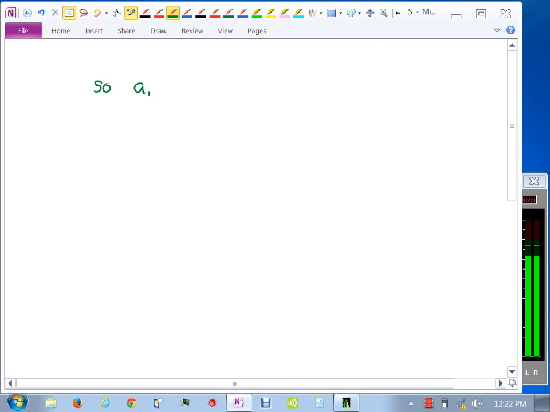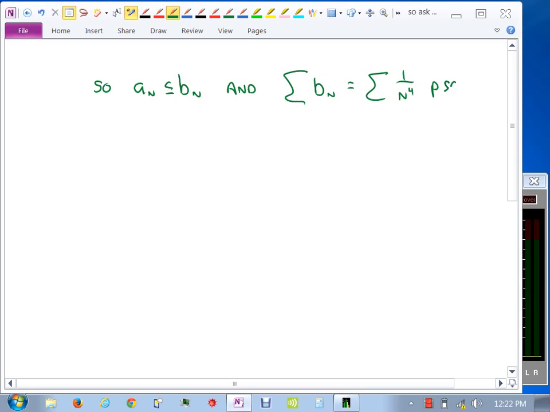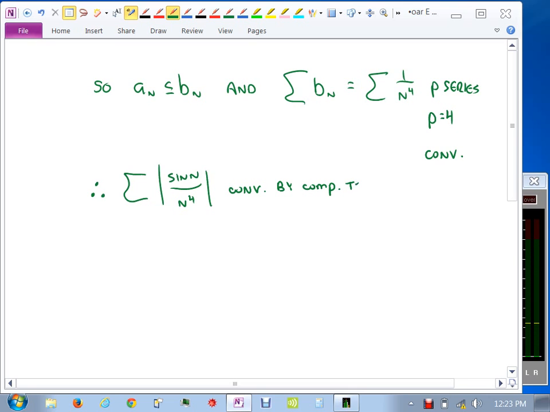So a sub n is less than or equal to b sub n, and I have that the sum of b sub n equals the sum of 1 over n to the fourth is a p-series. p equals 4, which means it converges. Therefore, the sum of the absolute value of sine n over n to the fourth converges by the comparison test, right?